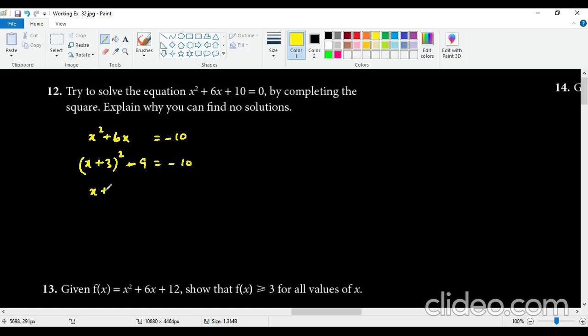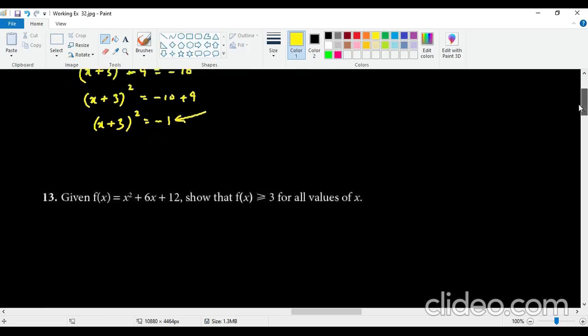So x plus 3 whole square equals negative 10 and positive 9, so x plus 3 equals negative 1. Now the square root of negative 1 cannot be taken. That means this is the reason why we cannot find the solution for this question using these values.